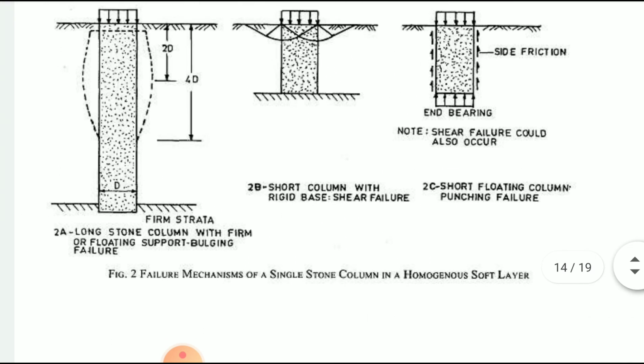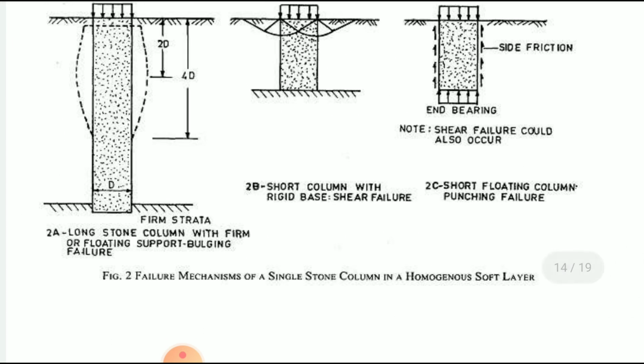If you observe, the first figure is named 2a, the second figure is 2b and the third figure is 2c. First of all we will talk about figure 2a, which is a longer stone column with firm or floating support, showing bulging failure.